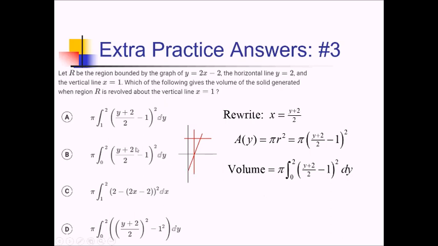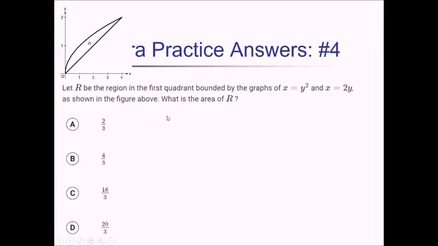So that means we're picking between choices B and D. And I don't want things individually squared like they are in D. So I'm going to go with choice B then. I just want everything inside one squared parentheses. So B it is.